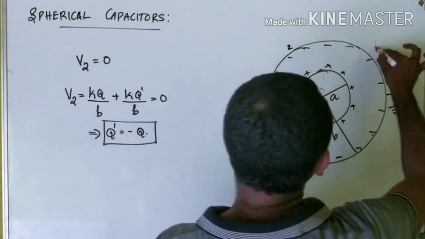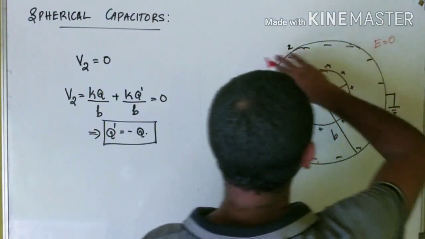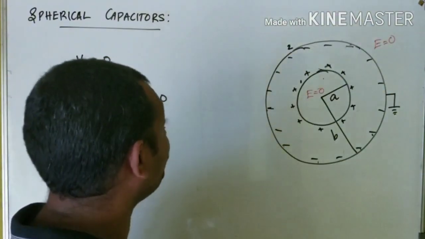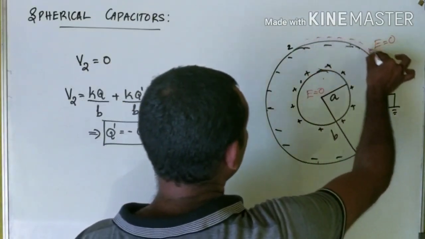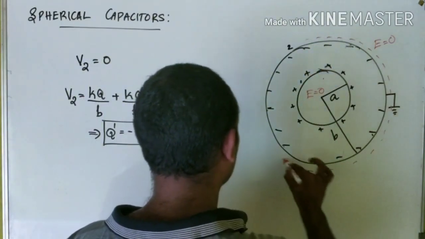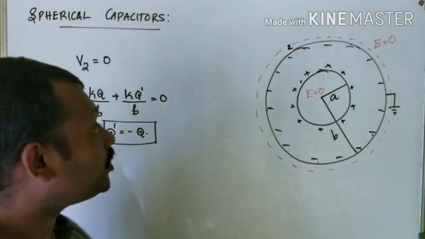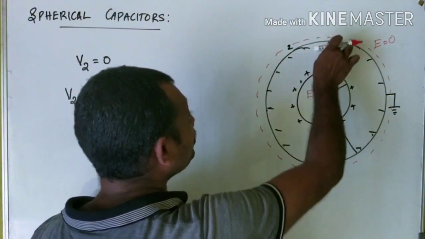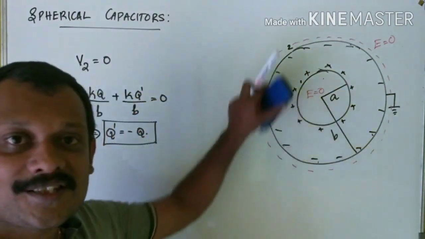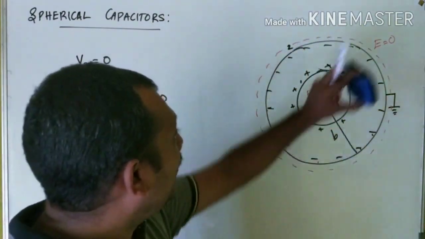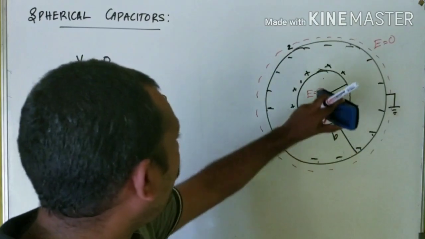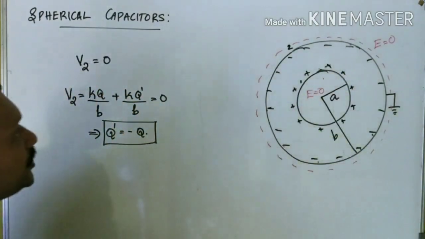Here also the electrostatic field is equal to 0 because the net charge enclosed by the Gaussian surface is zero: this is plus Q, this is minus Q, and the total sum of the charges becomes 0. In this region also, the electrostatic field is 0.